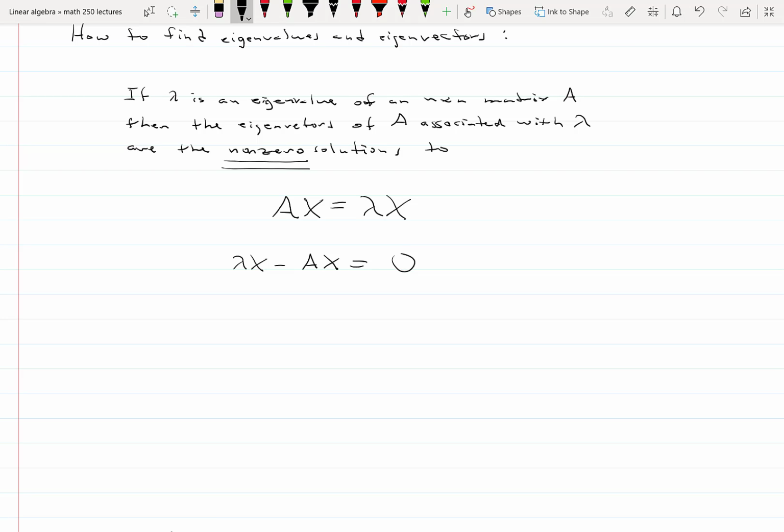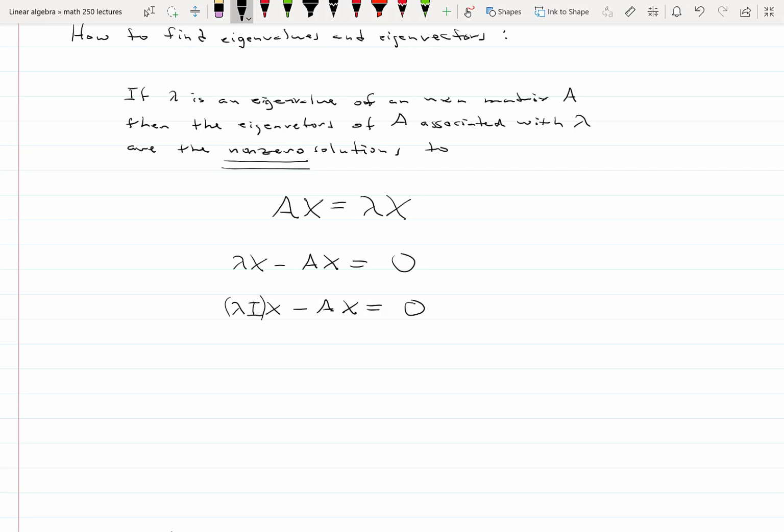But I can turn that scalar lambda into a matrix by introducing the identity matrix. Then I can group lambda I and A together.